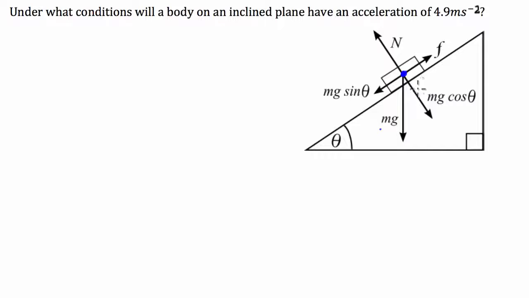This force into the plane is going to be balanced by a normal force which is equal and opposite to mg cos theta. So let's just write that down. N is going to have to be equal to the opposite.